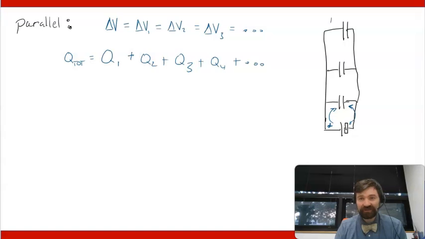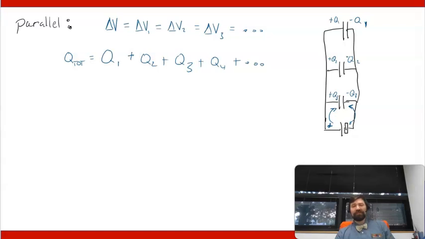And so I'd have plus Q1, Q2, Q3, and then the minuses on the other plate. So minus Q1, Q2, and Q3. And again, this is because if I want to put 5 here, 6 here, and 25 here, I can do that because I can pull 5 plus 6 plus 25, or 36 total, off of this battery and distribute them accordingly.